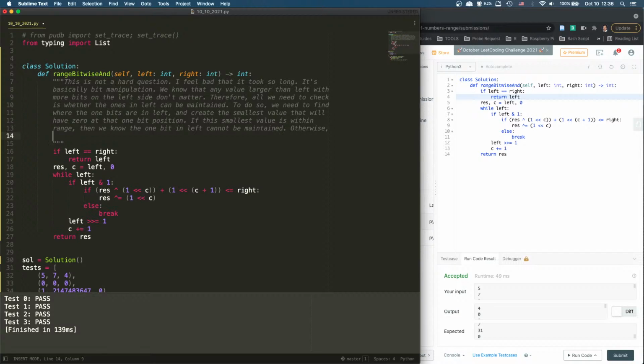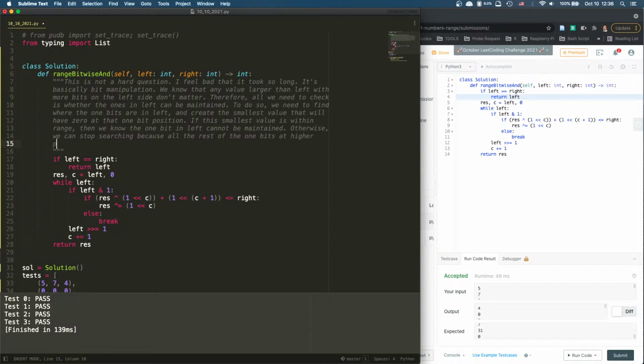Otherwise, we can stop searching because all the rest of the 1 bits at higher positions can be maintained.